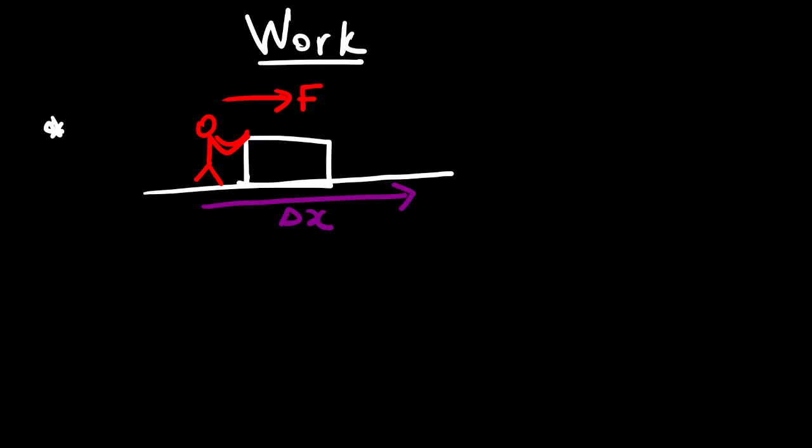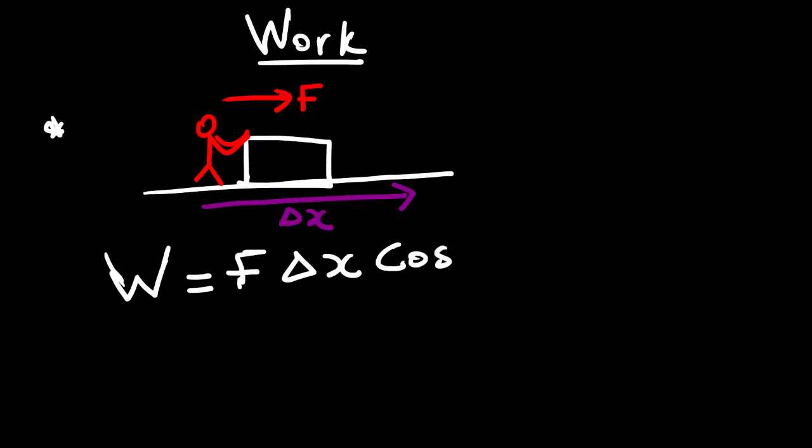Then how do we calculate the magnitude of that work? Remember, we said work is a scalar quantity. It doesn't have any direction but only magnitude. So how do we calculate that magnitude? We are going to use this equation. W is equal to F, that force that does work on the object, multiplied by its displacement, multiplied by cos theta.